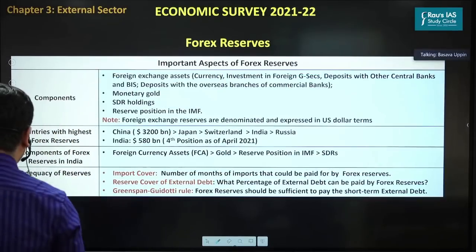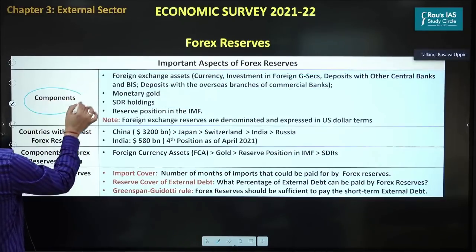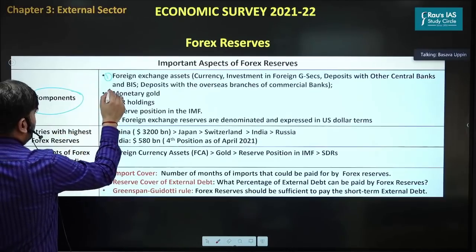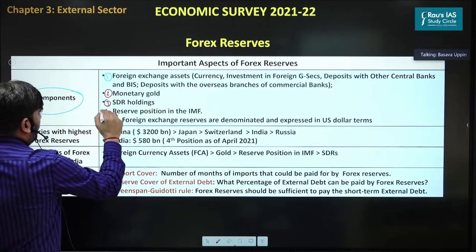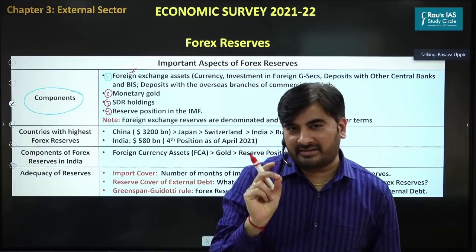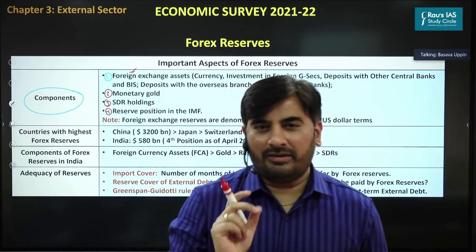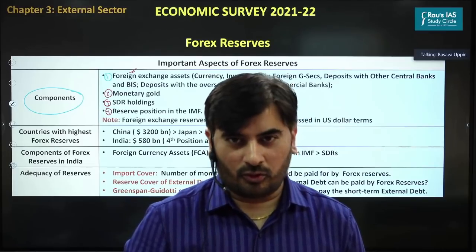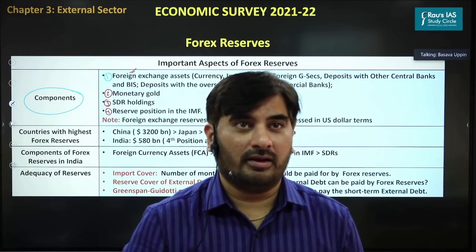So as you can see, with respect to India's forex reserves, we have basically 4 components. The first one is foreign exchange assets. When we say foreign exchange assets, normally we think it is just currencies, that is dollar, euro, pound, yen, and so on.